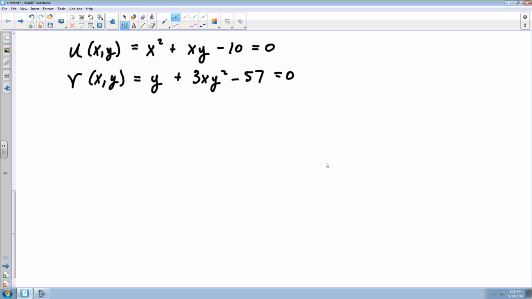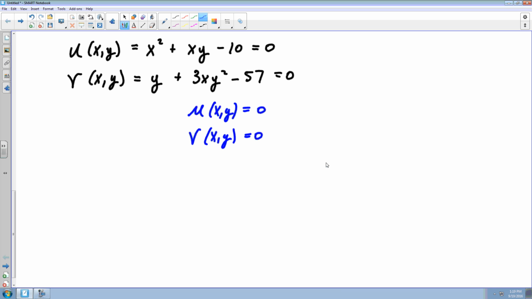Notice how they're both set equal to 0, okay? So the formula is based on having two equations, u sub xy equals 0 and v sub xy equals 0, which is what we have here, okay?